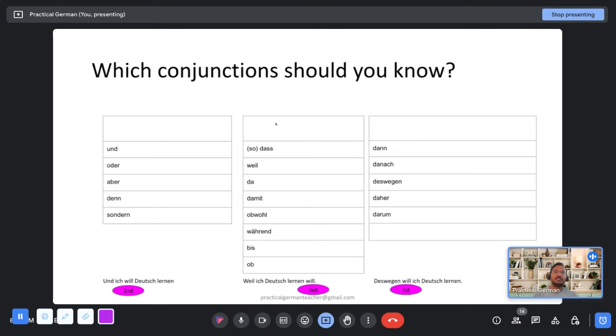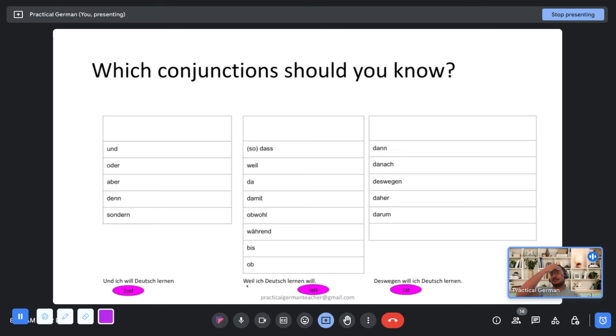When you use one of these conjunctions, if you notice, the conjugated verb "will" got pushed from its position to the last position. And over here, the subject and the conjugated verb got interchanged. I hope it makes sense. Now, how important is this?